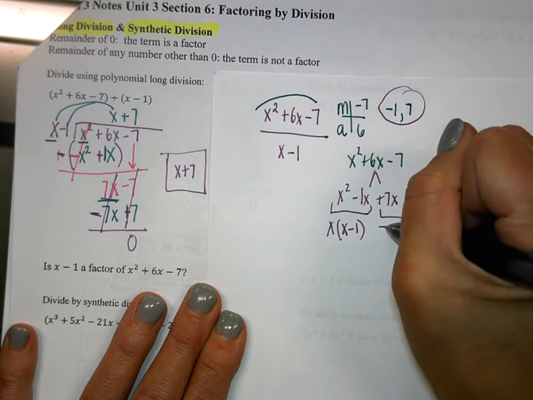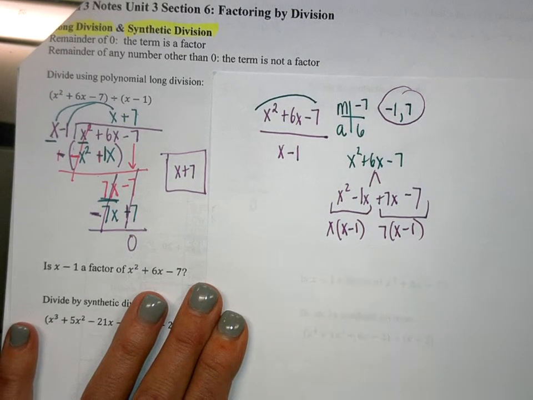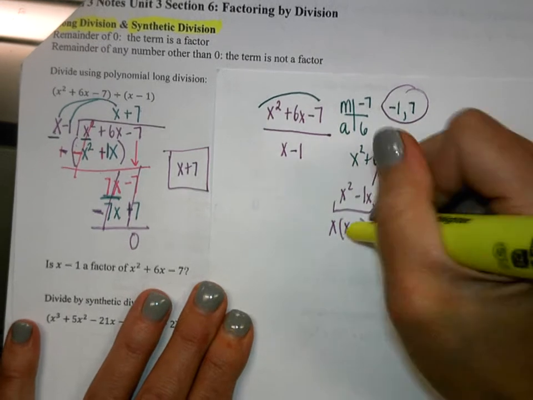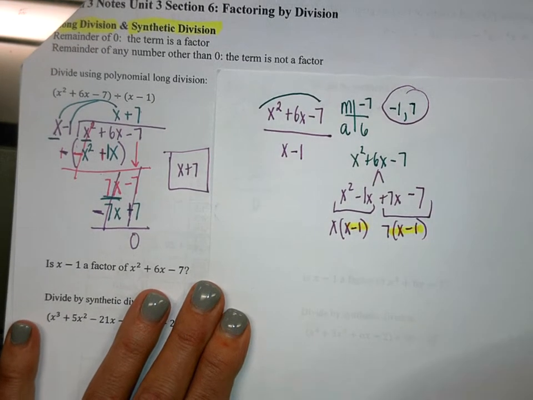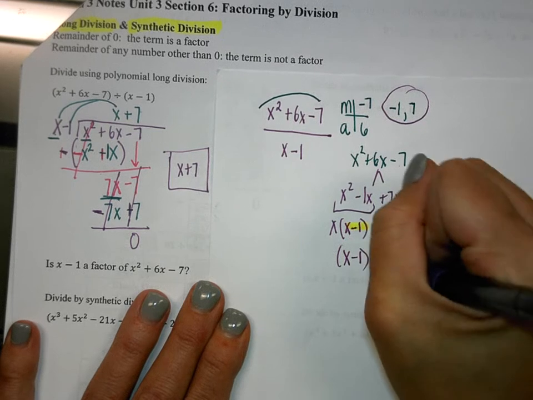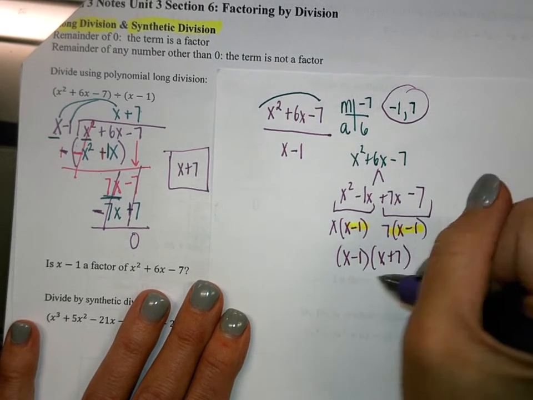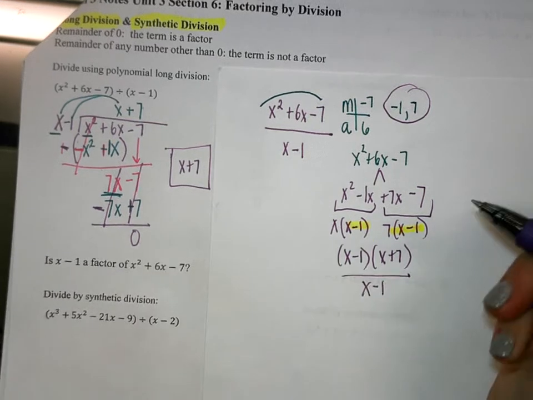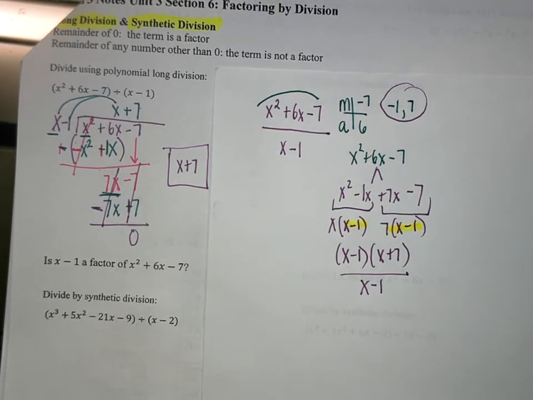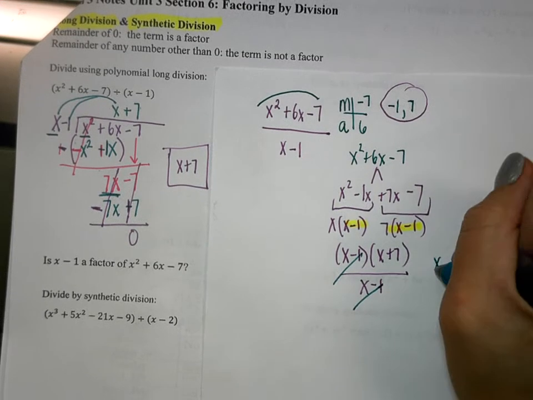We take out a 7. We're left with x minus 1. Then these are our like terms, correct? And so we get x minus 1, x plus 7. And this, yes, we're going to put over x minus 1. And do you see how these are like terms? They eliminate, and we're left with x plus 7.